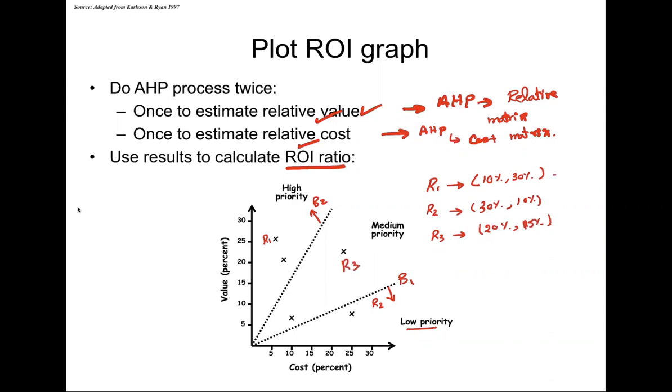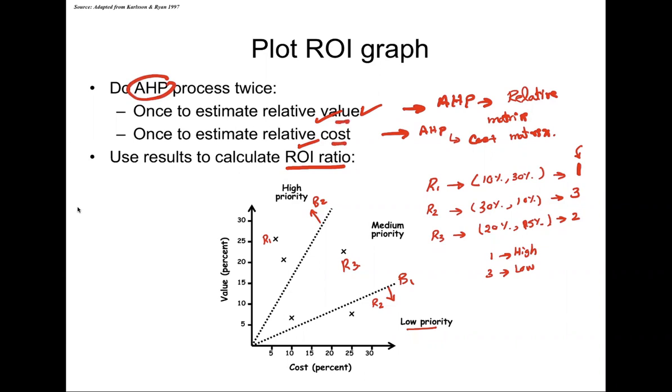So now requirement 1 will be of high priority, so let's make it 1 for high priority, and then requirement 2 is low priority, so I'm going to say this is 3, and requirement 3 will be in the middle, so this is 2, if we assume 1 is high and 3 is low priority. So you can see it was easy for us to assign a priority level for each requirement just by using the AHP method to calculate a relative value and a relative cost for each requirement.